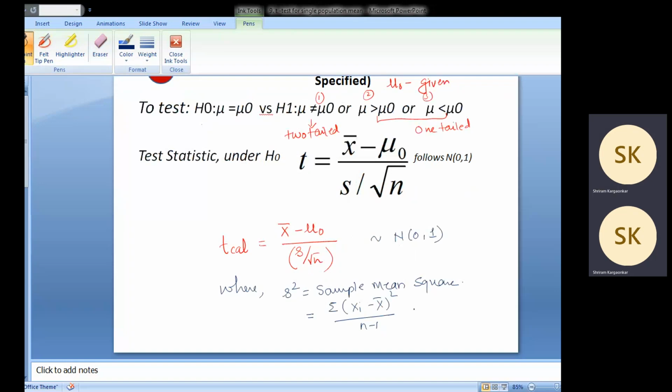When we take its square root, it is called the root sample mean square. This is not just the sample standard deviation or sample variance. In the next slide we will try to understand the difference between the sample mean square and sample variance.